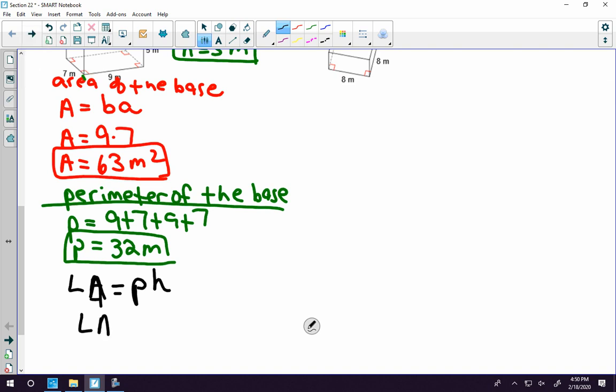So the lateral area of this right rectangular prism is our perimeter value, which was 32, multiplied by the height, which was 5 meters. So our lateral area is 32 times 5, which is 160 square meters.